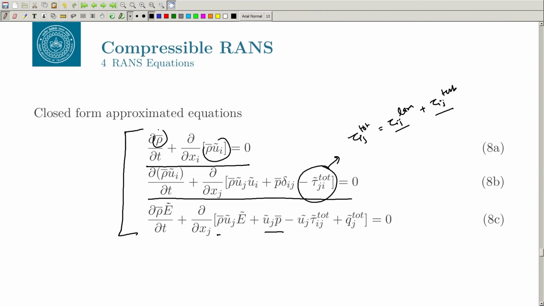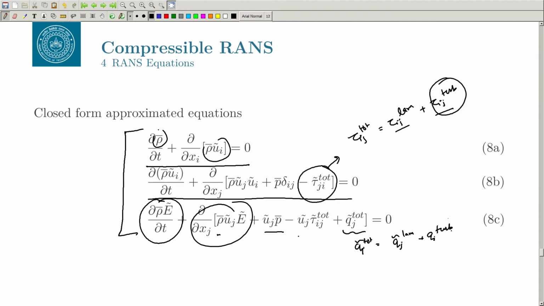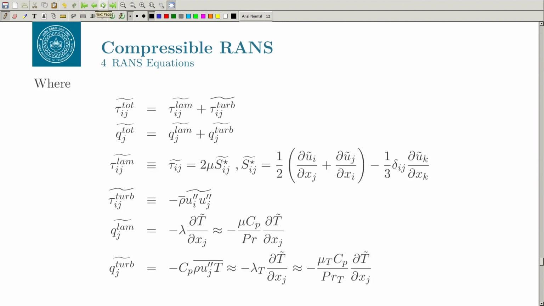So, this is the pressure work, the transport of energy, the rate of change of energy, okay, and then you have this heat terms, okay. So, this q_j total will also have basically the q_j laminar and q_j turbulent, okay. So, ultimately we have got these tau_ij turbulent and q_j turbulent that need to be modeled, okay. So, this is how the different terms look like.